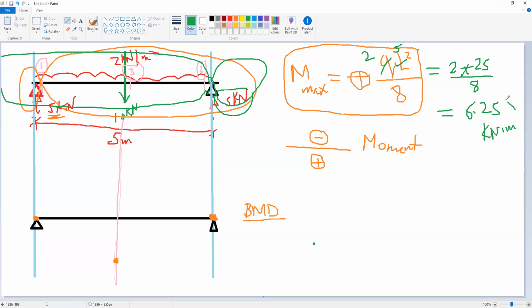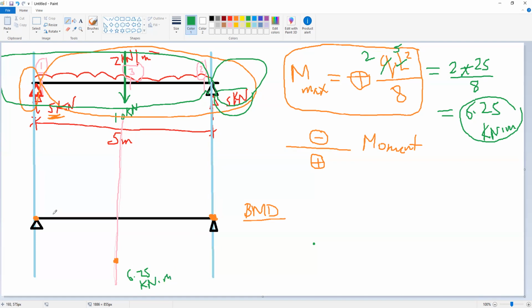Okay, so the value of the moment at section 3 at the midspan is 6.25 kilonewton-meters. Okay, now we know the values.